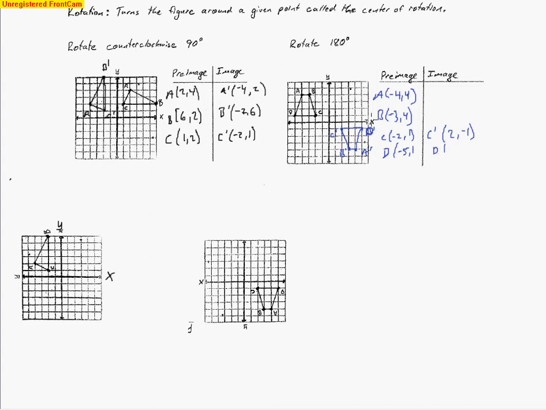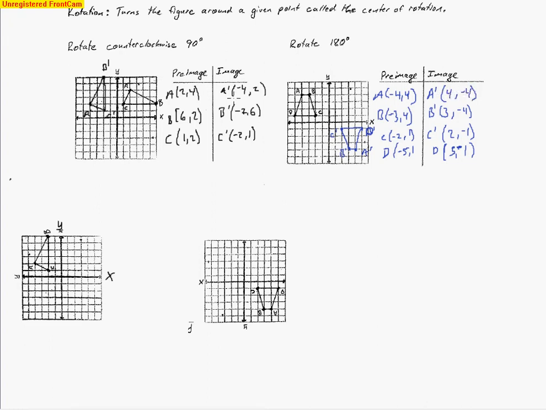D was this one right over here, and that's 5 spaces to the right, so +5, comma, and then it's just 1 space down, so -1. And then I have B. B's right here. It looks like it's 3 spaces to the right, and 4 spaces down. And then A prime is going to end up being 4 spaces to the right and 4 spaces down.